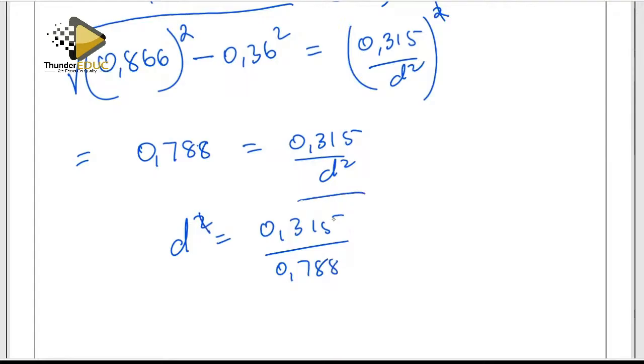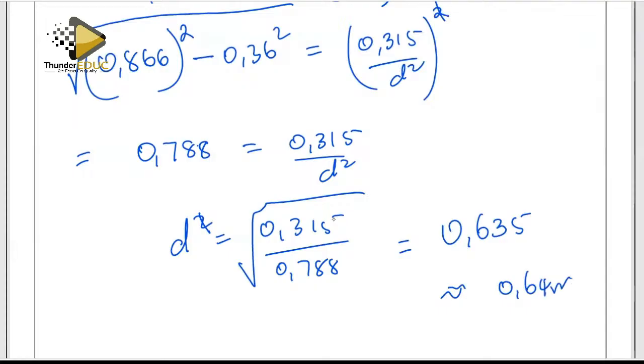For me to get the d alone, I must find the square root there. The fact that we are having a lot of decimals might affect our level of accuracy. But the answer I'm getting is 0.635, which could be rounded off to 0.64 meters. I don't know, that's what I'm ending up with. So it could be roundabout that range.